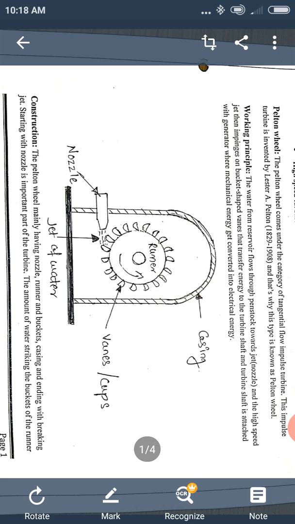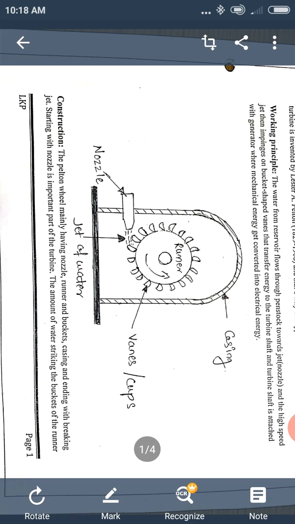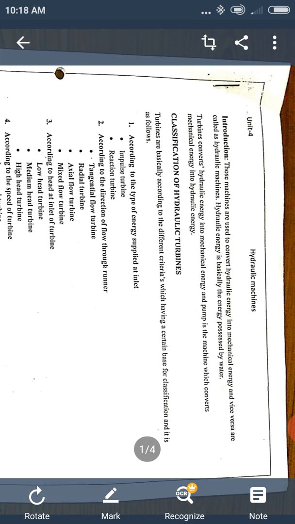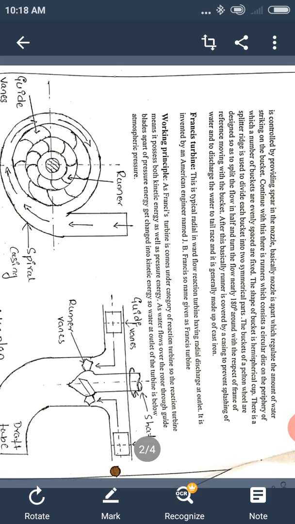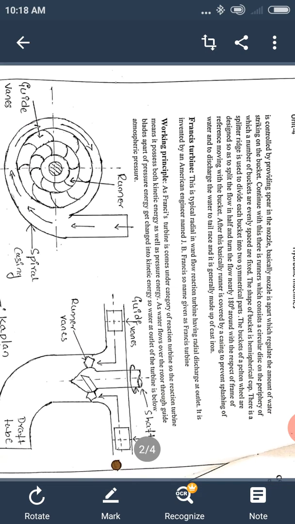Starting with the nozzle, it is an important part of the turbine. The amount of water striking the bucket of the runner is controlled by providing a spear in the nozzle. Basically, the nozzle is the part which regulates the amount of water striking the bucket.